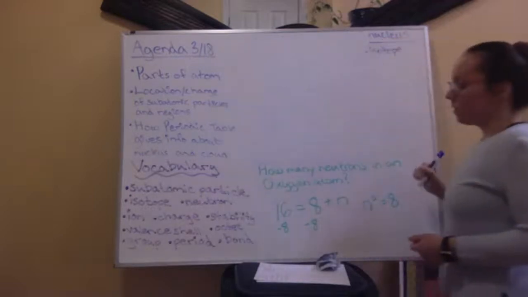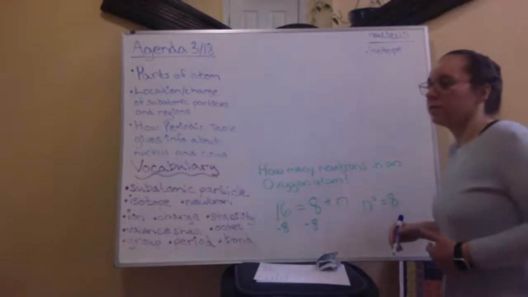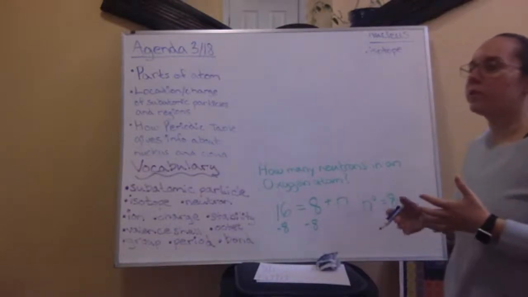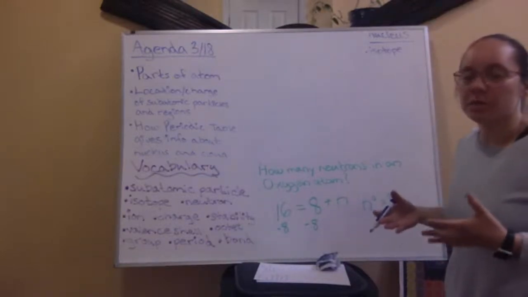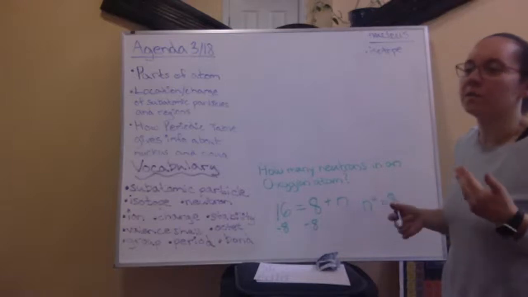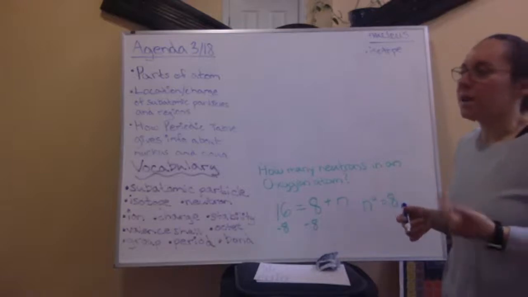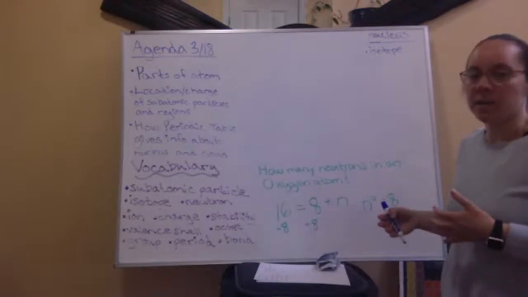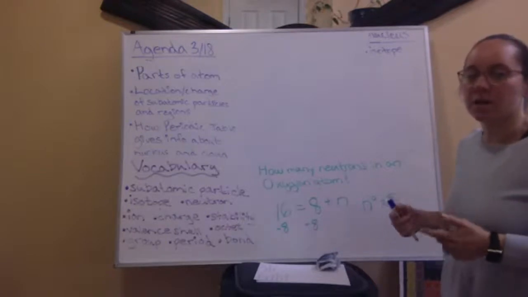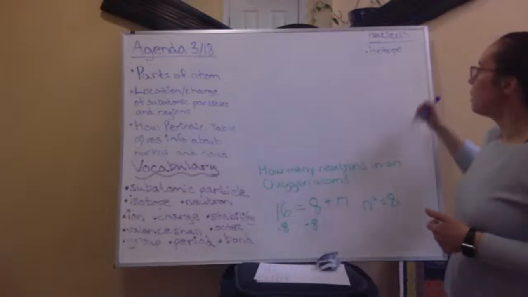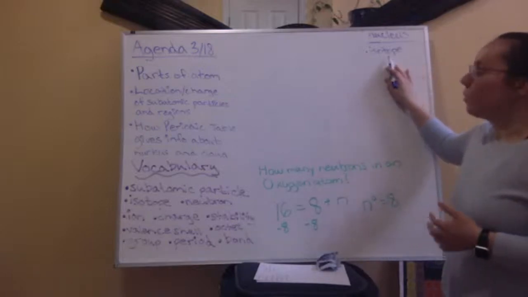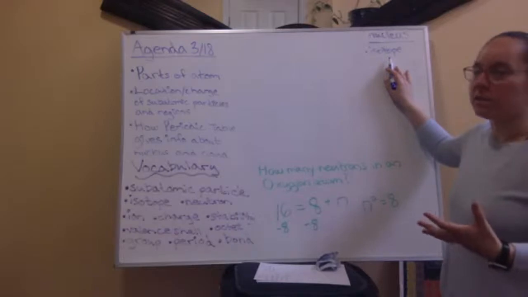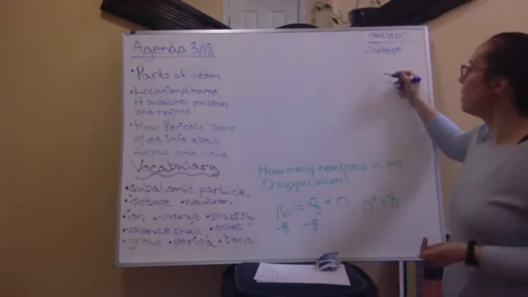Which isotope you're talking about, for which element, depends on the nucleus, okay? An isotope is an element that has different masses, like I said, but what gives it the different masses is the number of neutrons. So an isotope has a different number of neutrons, meaning it's within the nucleus.